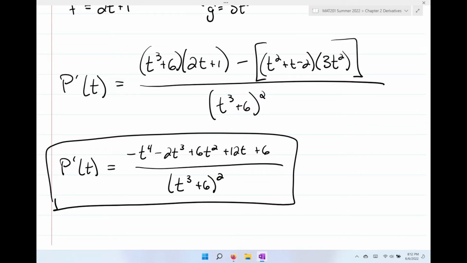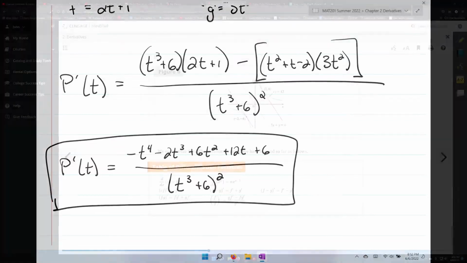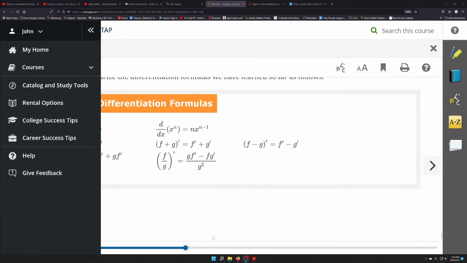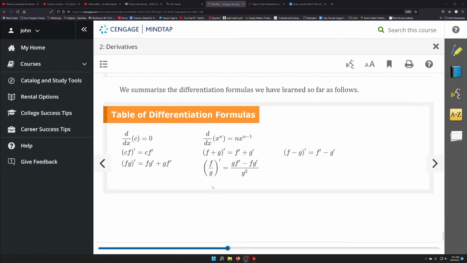Now there is one nice thing, okay? In your book, at the very end of this section, they do have a nice table of derivatives for us. So I literally just went to your book here. Oops, sorry. Let me zoom out just a little bit. There we go. And here are all the formulas right here that we just learned. Okay, none of them are labeled though, but you got to know their names.